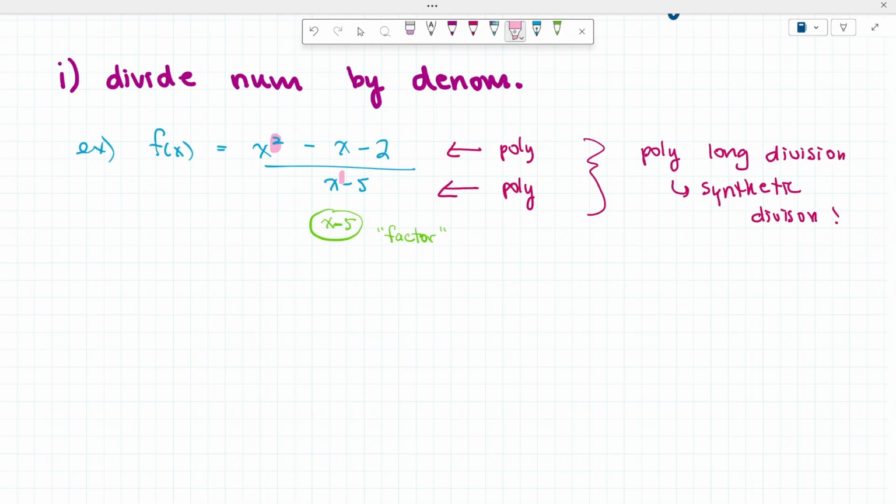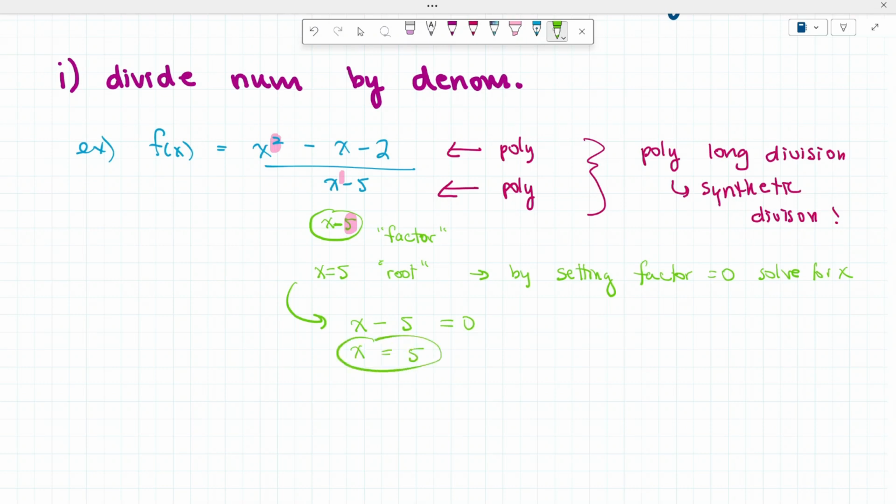And then this term over here, we call the root. So in this case, x equals 5 is our root. And how do we get that? We get that by setting our factor equal to 0 and then solving for x. So I'll show you that step by step: x minus 5 equals 0, we do the reverse operations, so then we have x equals 5. And like I said, that is our root.